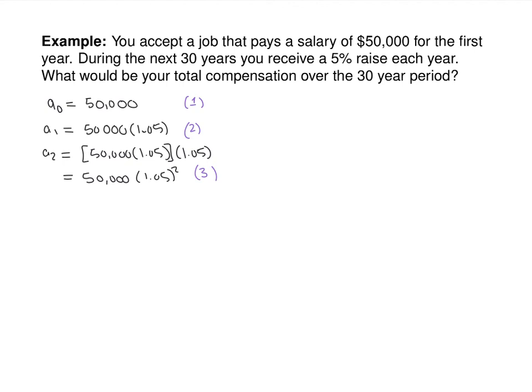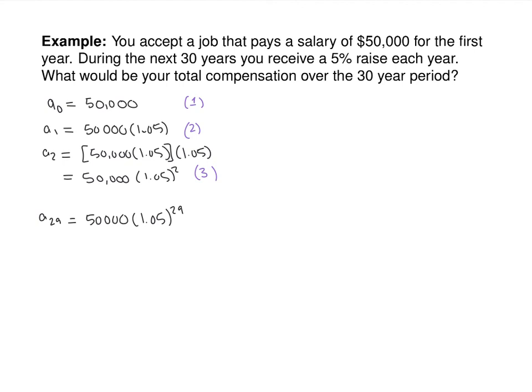So year n, in this case year 30, will be the same thing as A sub 29, and that will be 50,000 times 1.05 to the 29th, and that would be how much you earn during the last year. Just so you get an idea of how much that is, 50,000 times 1.05 to the 29th. That last year your salary is over $200,000. So you've done well for yourself.